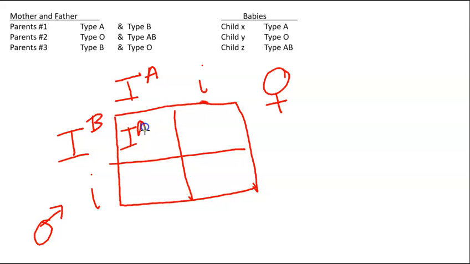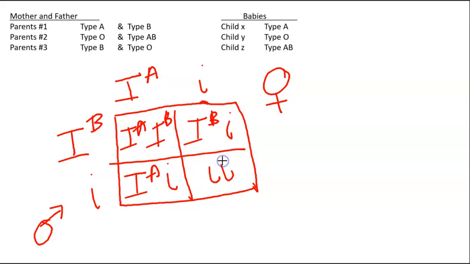So we have IA, IB in this square, and then we have IB, little i in this square, and here we have IA and little i here, and then here we have 2 little i's.